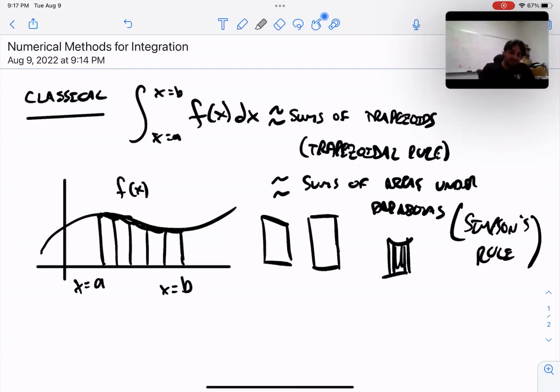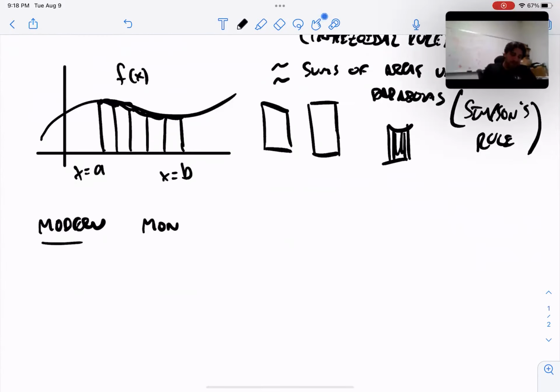These, I have the word classical written up here. These are very traditional in a lot of calculus curriculums. I do not want to talk about these today, but I just want you to be aware that they're out there, and I want to instead show what's probably a more modern approach. A more modern approach is often called Monte Carlo, after the great gambling city.